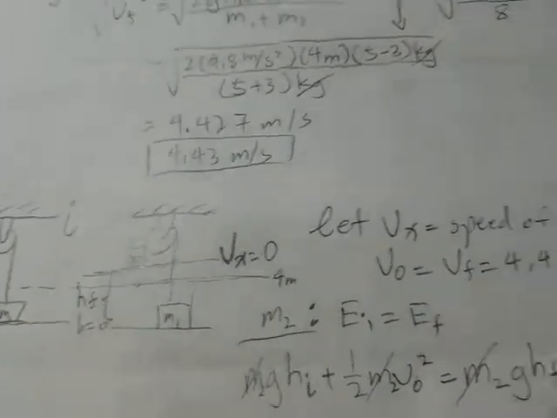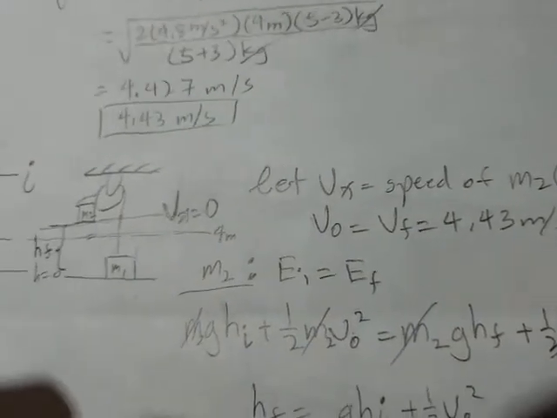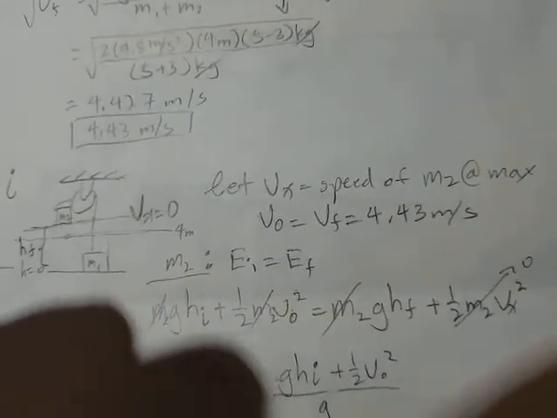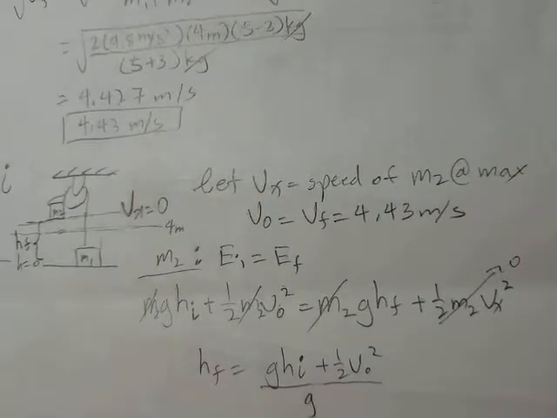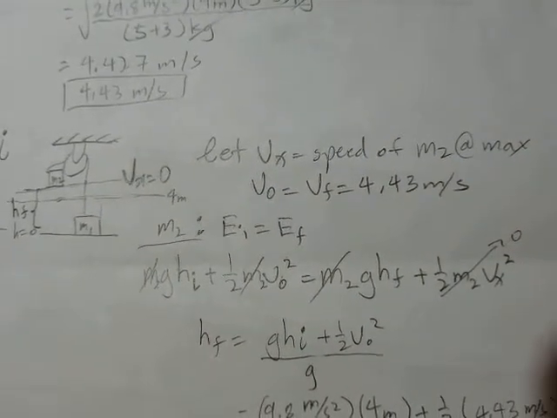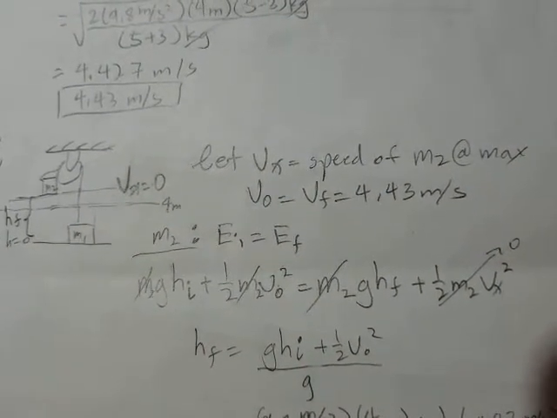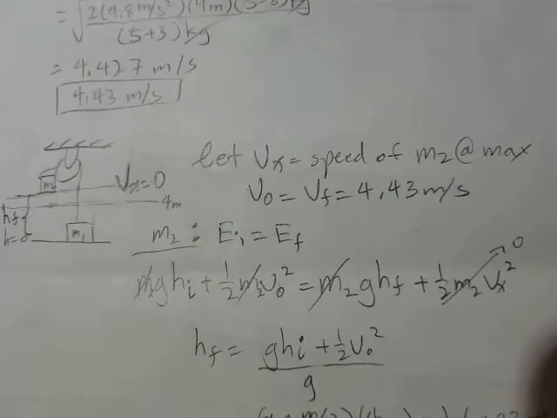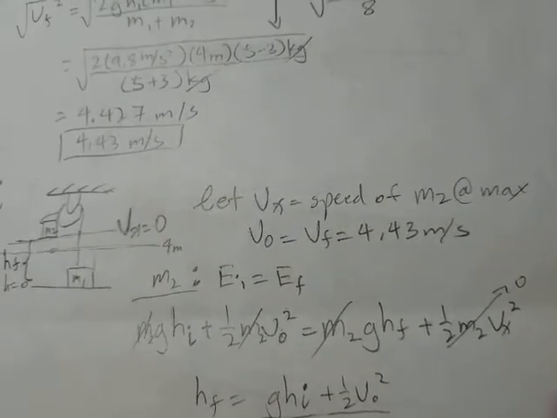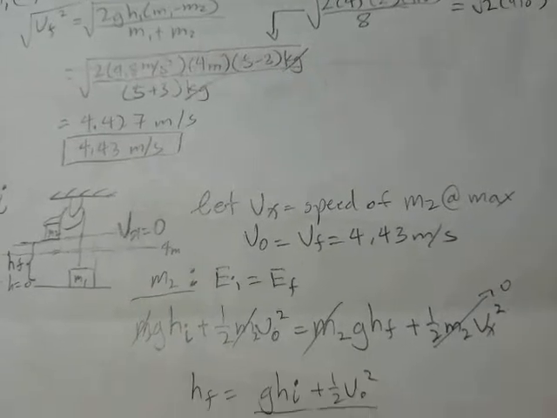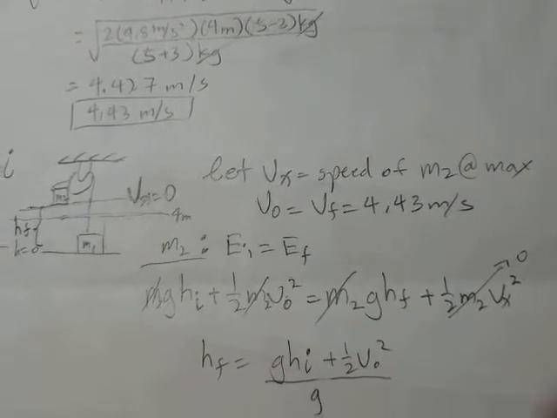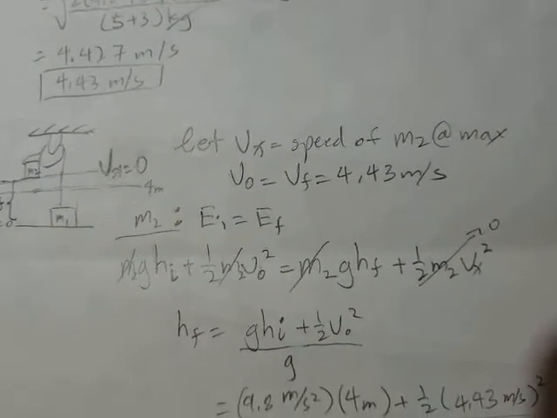And so what I did was that at the max, the velocity of M2 would be 0, and I labeled the v0 as the final velocity that we found in A, which is 4.43 meters per second. Why are we using that instead of the specific value?